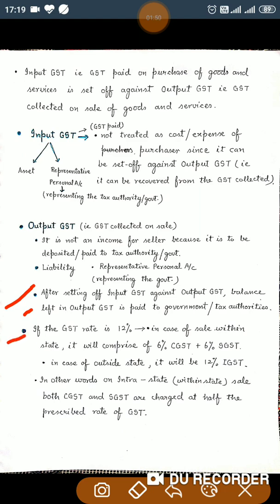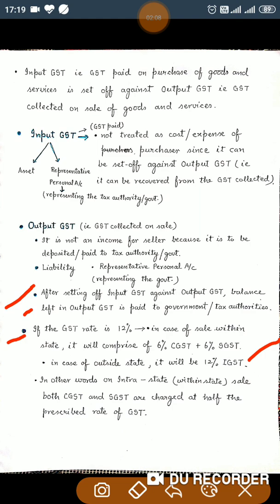Another point of importance is if the GST rate is 12% in case of sale within a state, it will comprise 6% CGST plus 6% SGST. In case of sale outside the state, it will be 12% IGST.